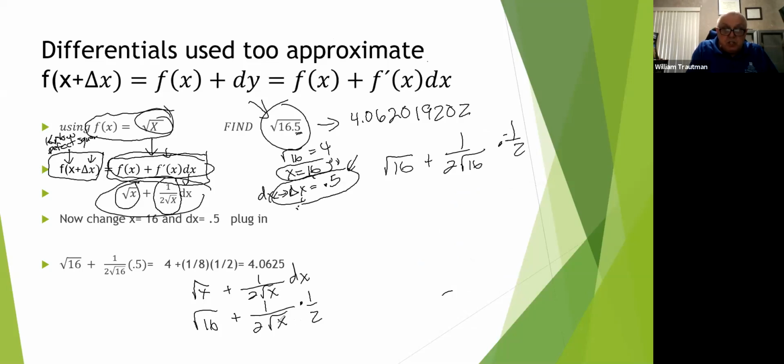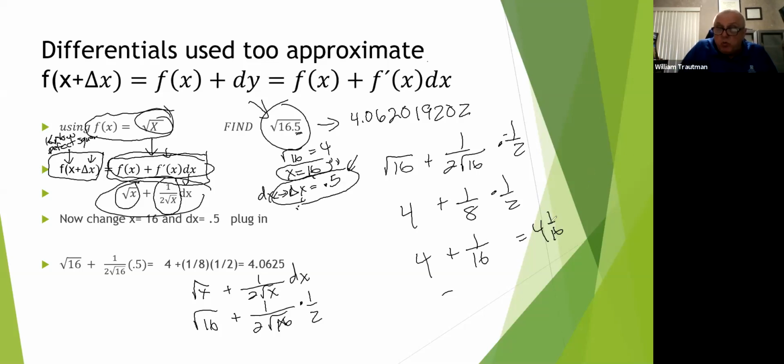Yes, 16 goes everywhere there's an x. Square root of 16 is 4. 1 divided by 2 times 4 is 1 over 8, times 1 over 2 is 1 over 16. This becomes 4 plus 1 over 16. So the answer is 4 and 1/16.